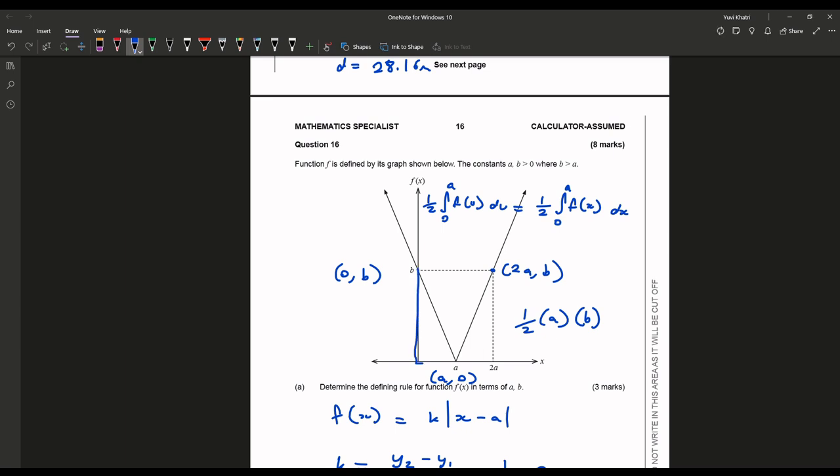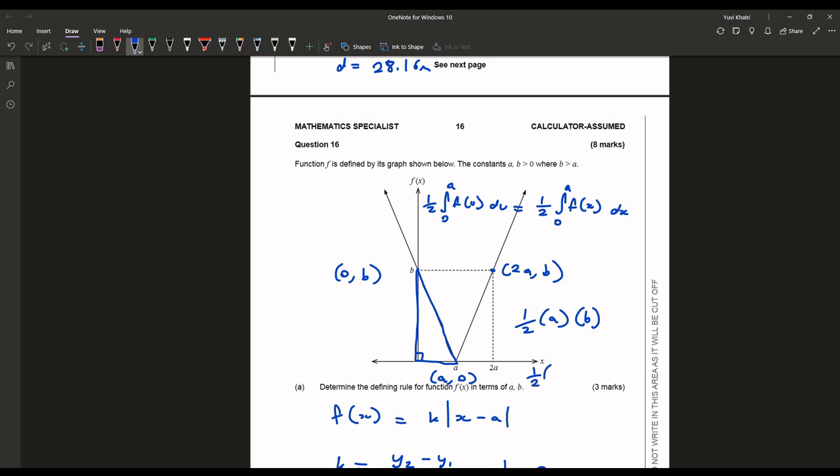And the integral from 0 to a of f of x dx, that's just this area right here. And obviously this is a triangle, so this is a right angle triangle. And that's what the integral is, right? Just this area. So we can use a triangle area formula, a half base times height.